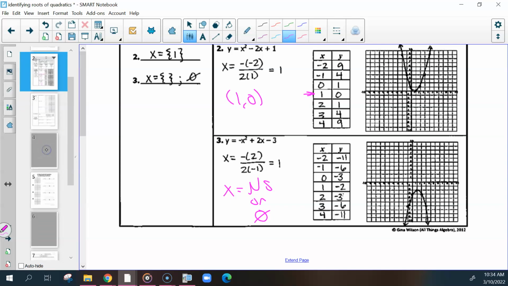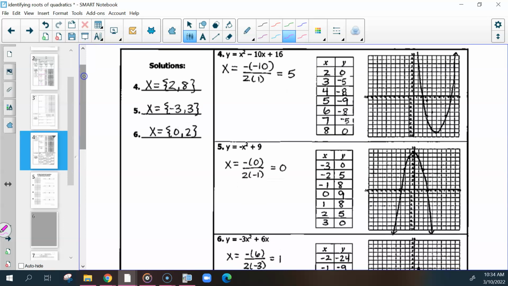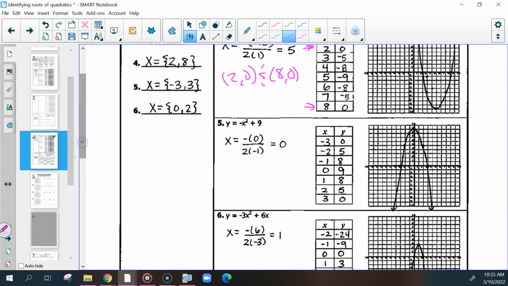On the back, for number 4, we have 2 solutions at 2, 0 and 8, 0. Questions on that? Number 5, you also had 2 solutions at negative 3, 0 and 3, 0.